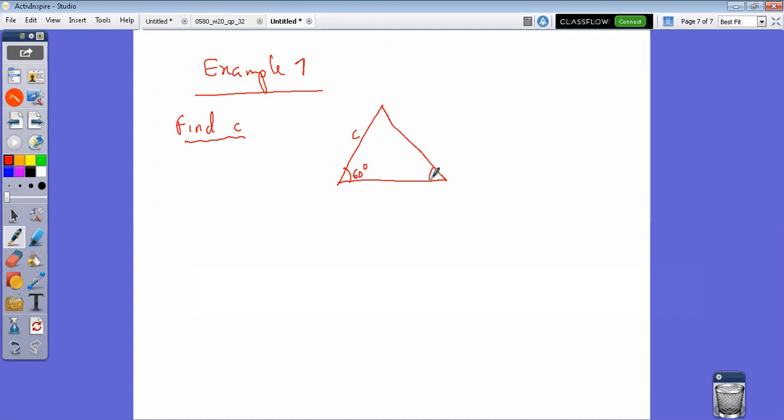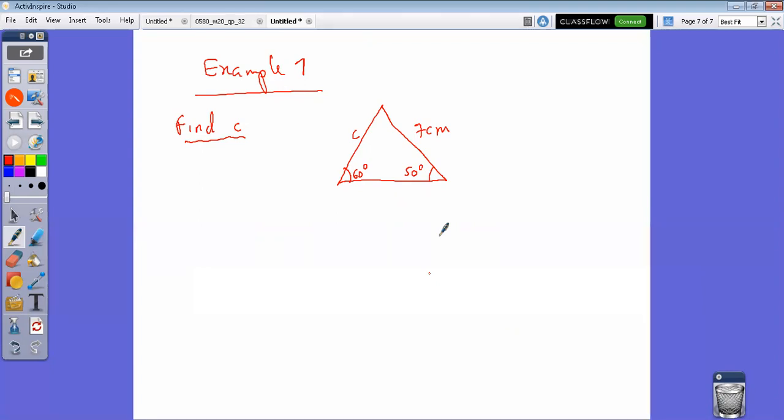This angle here is 50 degrees. And this here is 7 centimeters. Can you copy that quickly then? You've managed to copy that? Yeah, done.